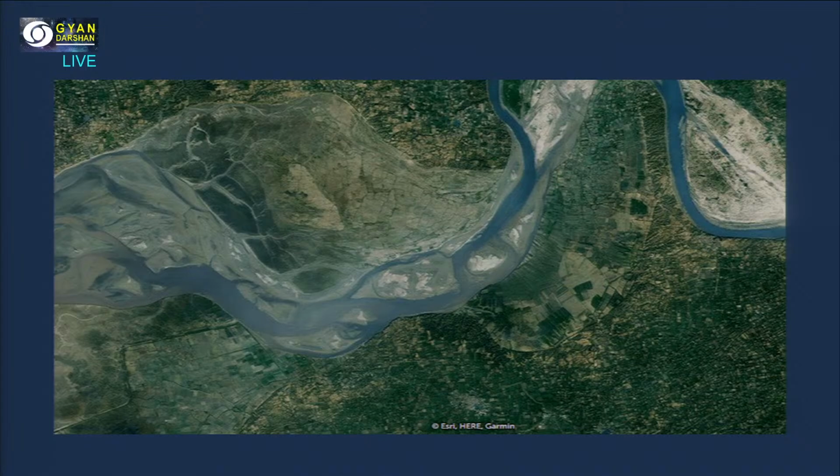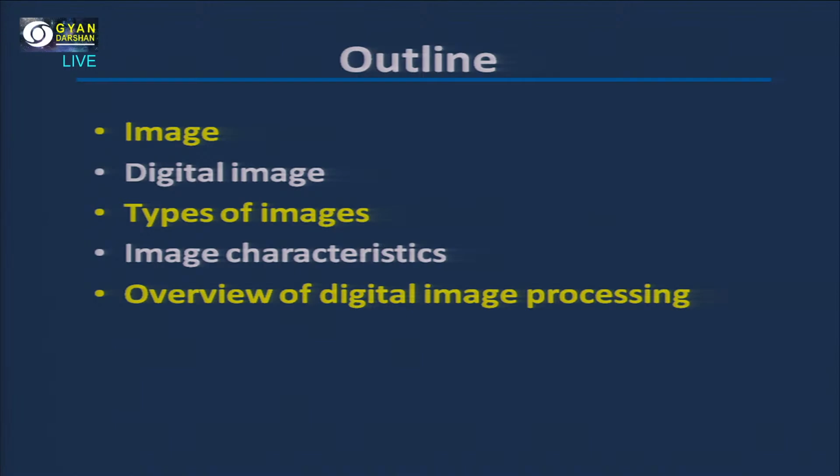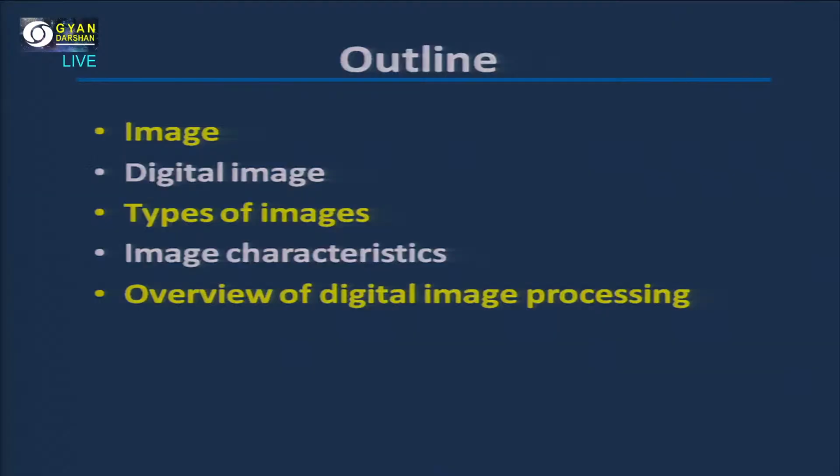Now coming to today's session, the outline is: we will discuss what is an image, then what is a digital image, then types of images, image characteristics, and an overview of digital processing.